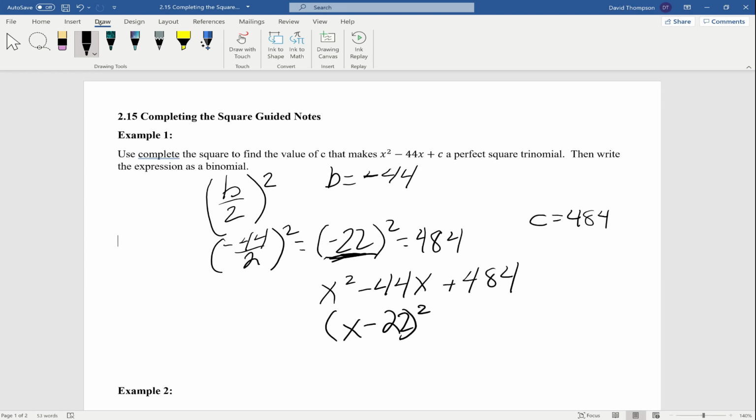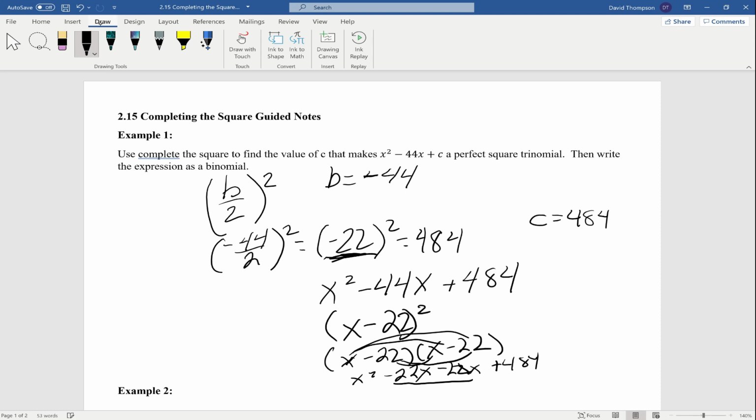If we were to multiply this back out, remember, technically x minus 22 squared is the same thing as writing x minus 22 twice. We would have x squared minus 22x minus 22x, and then negative 22 times negative 22 would be positive 484.